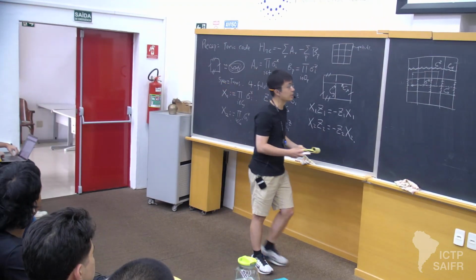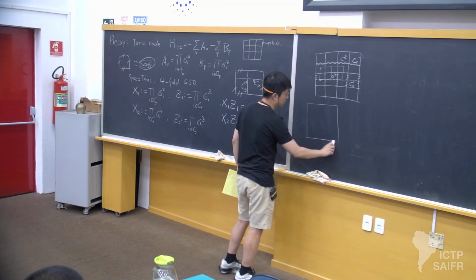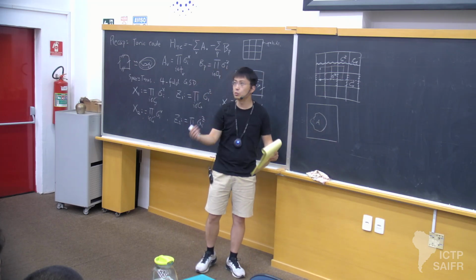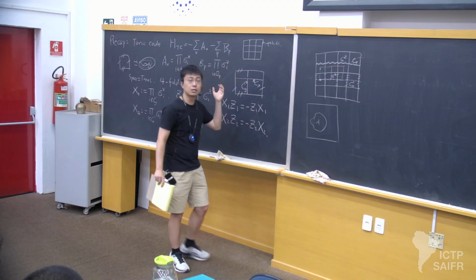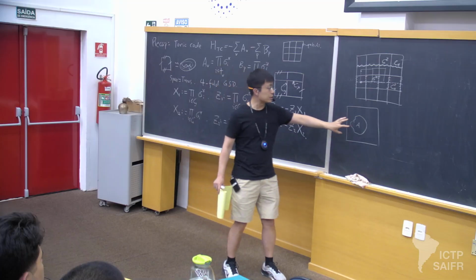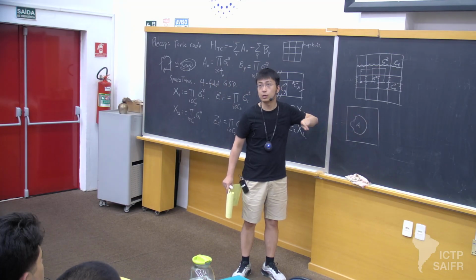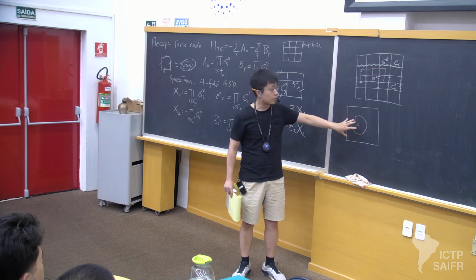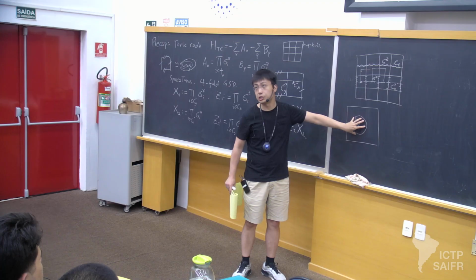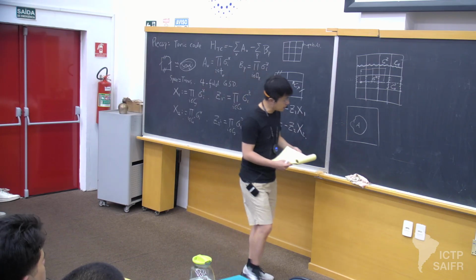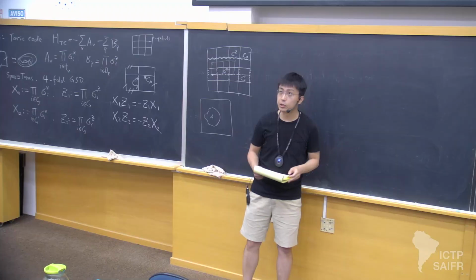If you look at any subsystem that has the topology of a disk, meaning it doesn't cover a large loop of your torus, then you take any state within this fourfold degenerate ground state subspace, the reduced density matrix looks identical on this, which operationally means you measure the expectation value of any operator that acts only within this region A, you get identical results. Okay. So that's one consequence of this loop operator algebra.